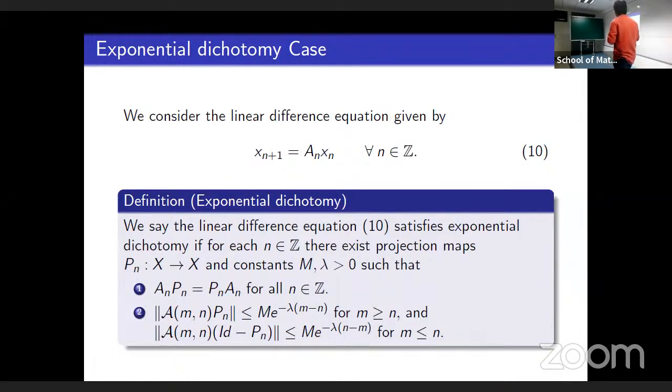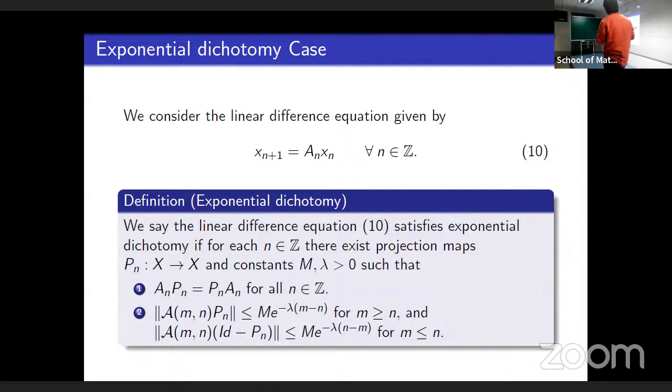So if such projection maps exist and these two conditions are satisfied, then we say that the equation has exponential dichotomy. So next part is that suppose the equation admits exponential dichotomy, then we show that this setup actually becomes a special case in our setup.